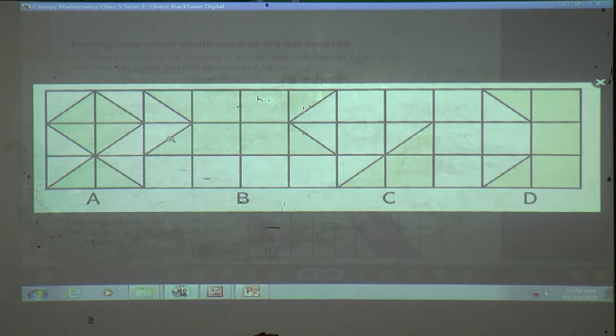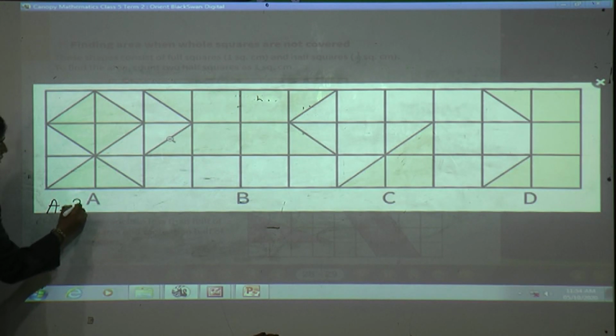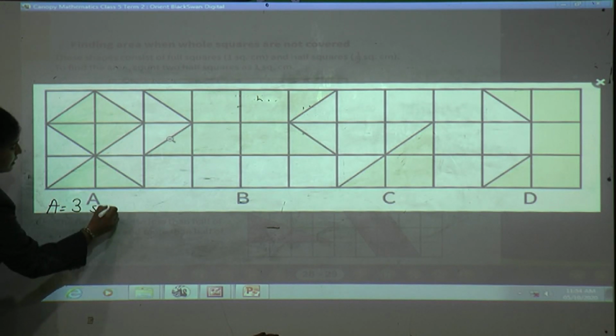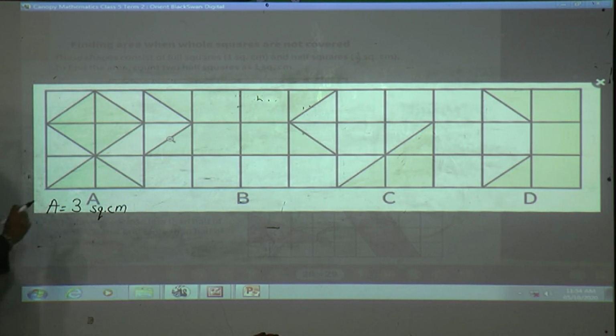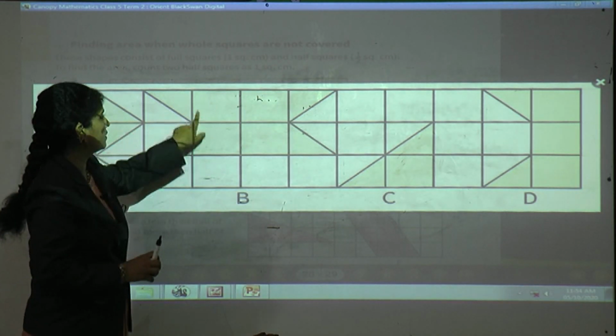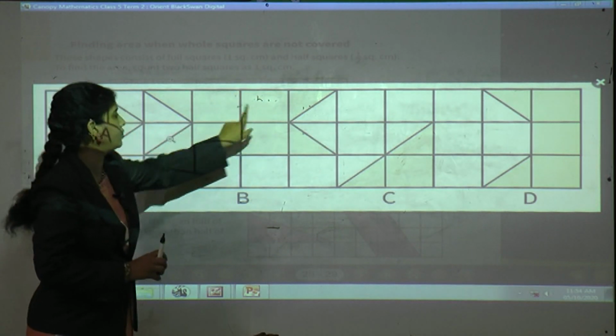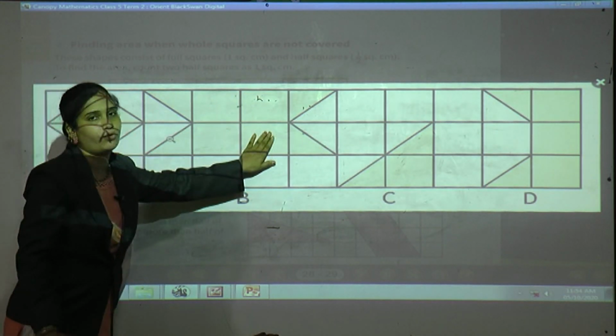Therefore the area of A is equal to 3 square centimeter. And figure B is made up of 4 full squares and 4 half squares. See, 4 full squares: 1, 2, 3 and 4.